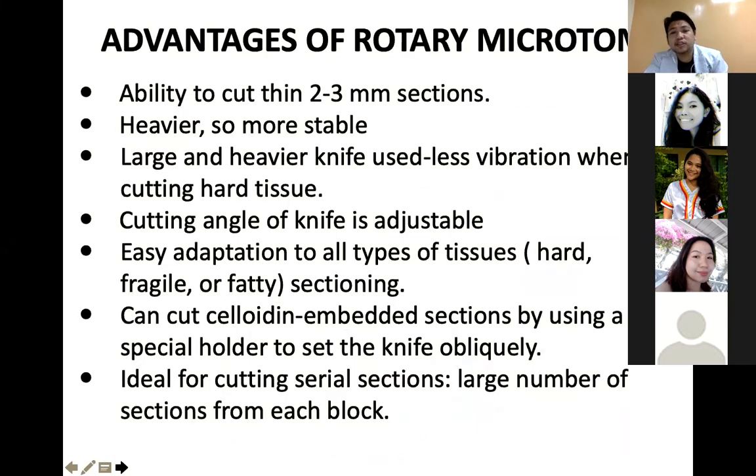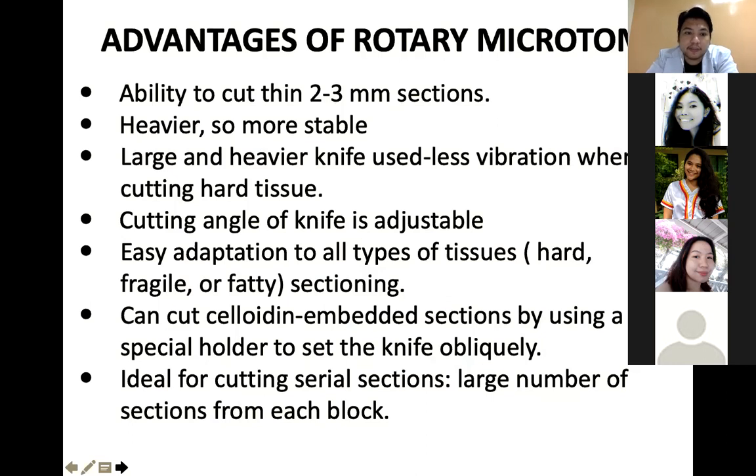So the advantages of using a rotary microtome: the ability to cut 2 to 3 millimeter sections; it is heavier, so more stable, and the large and heavier knife uses less vibration when cutting hard tissues. The cutting angle of the knife is adjustable, since you can use the three types of knives with a rotary microtome.